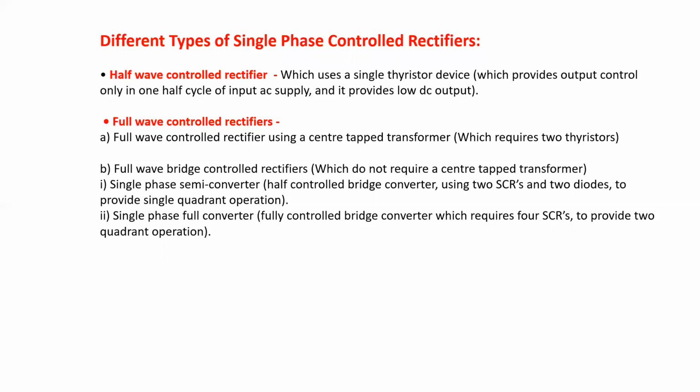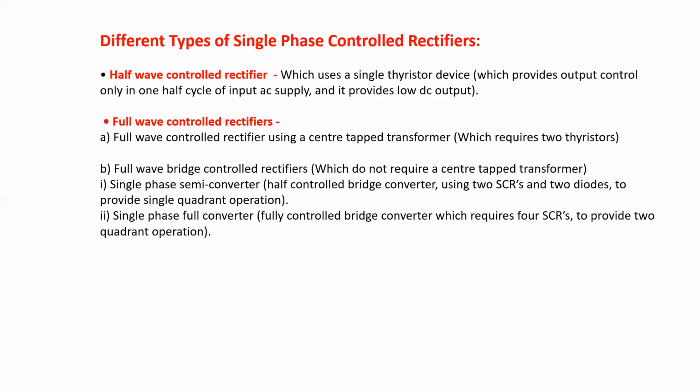The first type is the full-wave controlled center tap transformer rectifier, in which two thyristors are used. The second type is the full-wave bridge controlled rectifier, in which we don't need the use of a center tap transformer.